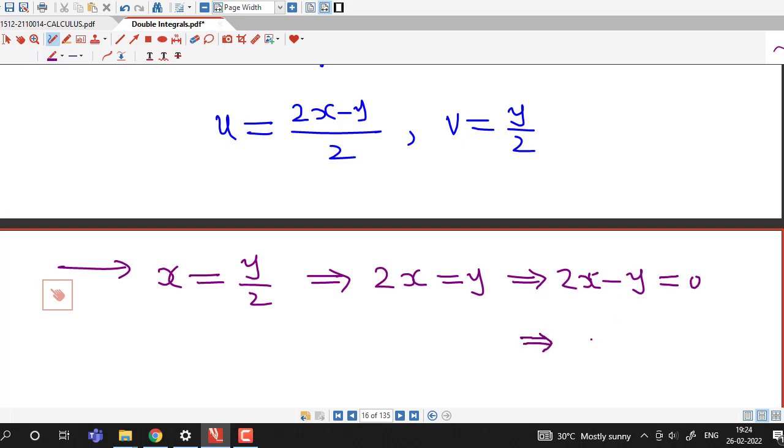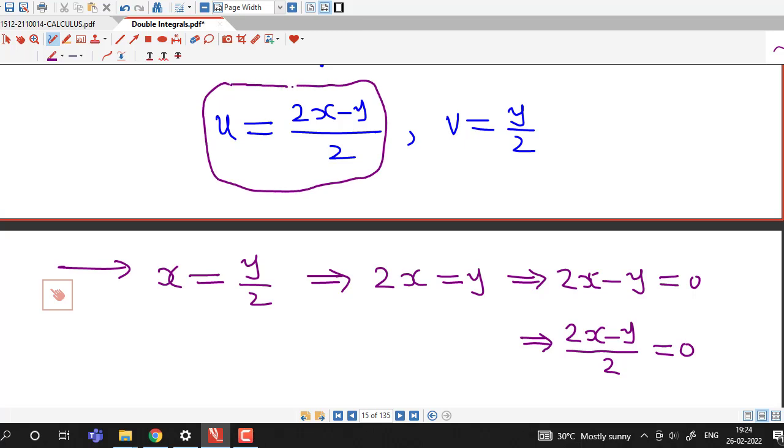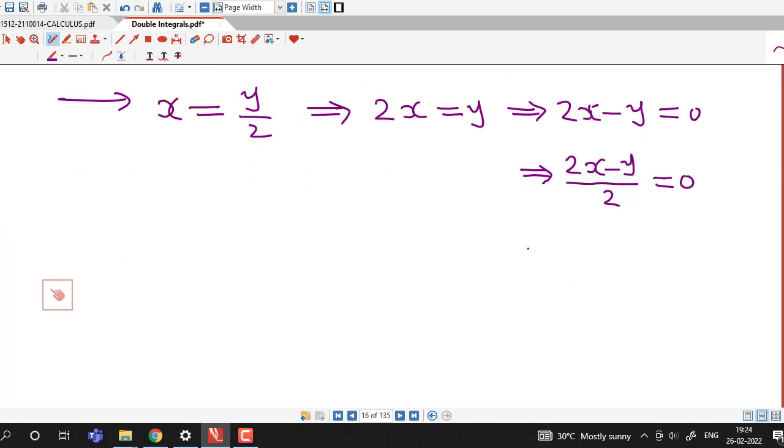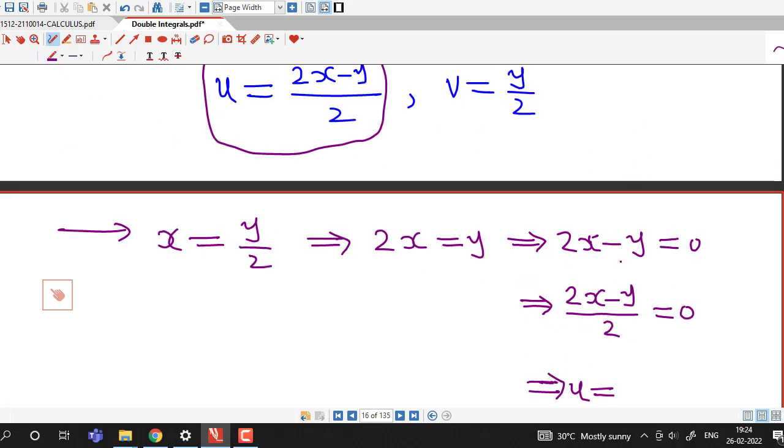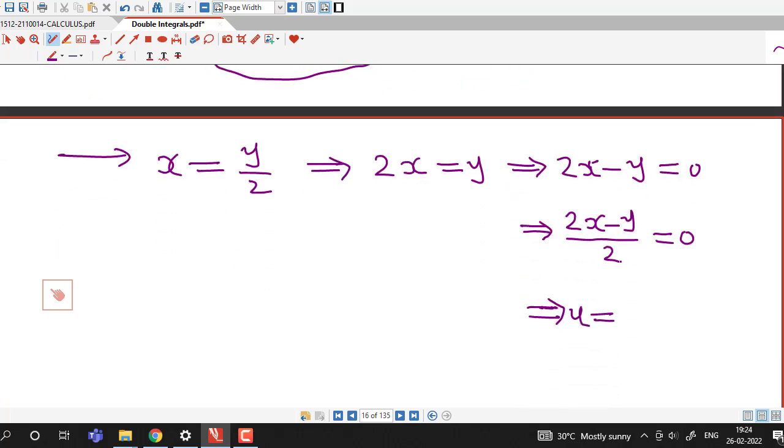And if 2x minus y is 0, we can say that (2x minus y) divided by 2 is also 0. And (2x minus y) by 2 is nothing but u. We obtain that x equal to y by 2 will be transformed into u equal to 0, that is the v axis in the UV plane.